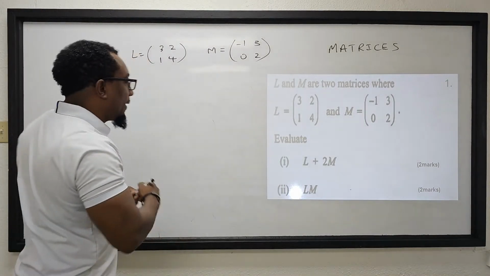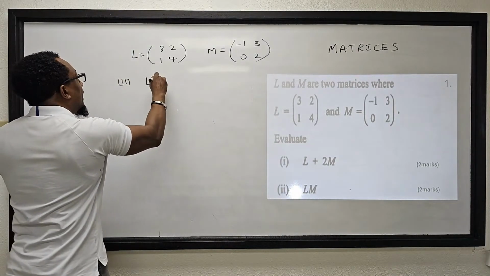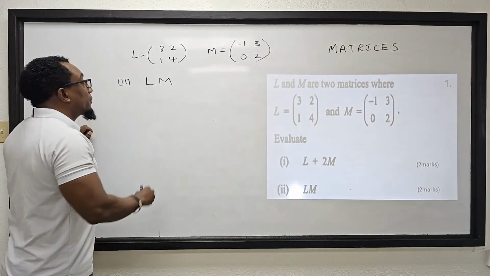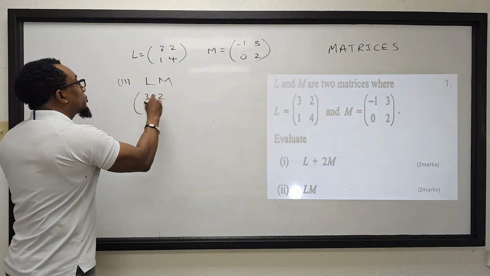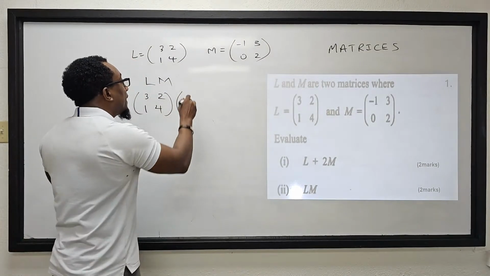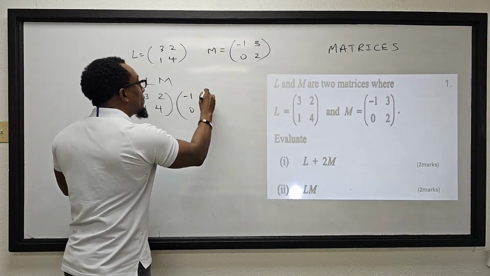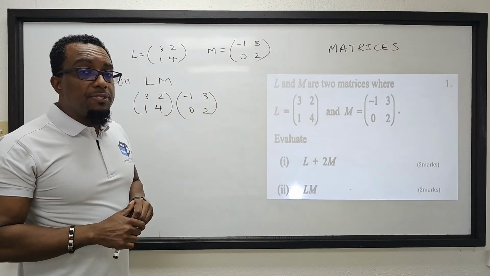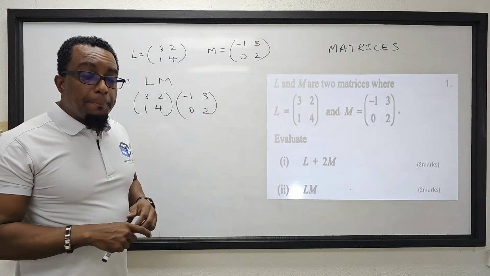So part 2, we're looking at LM. This is L multiplied by M, in that order. L first, 3, 2, 1, 4 multiplied by the matrix M, negative 1, 3, 0, 2. Now when we multiply two matrices, they do not have to be of the same order, but they must be compatible.